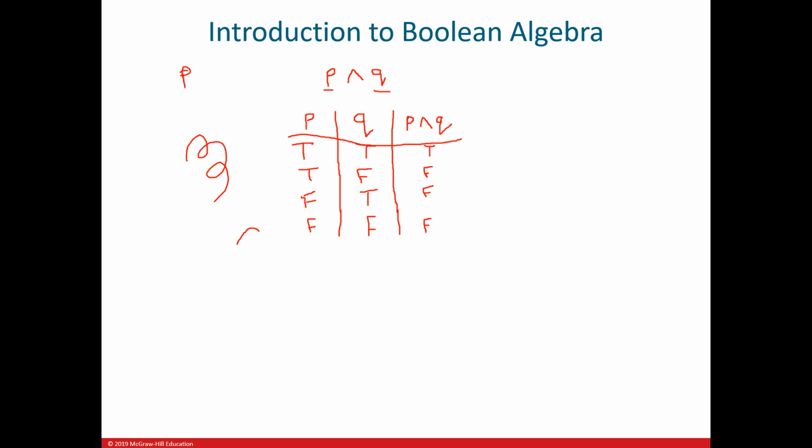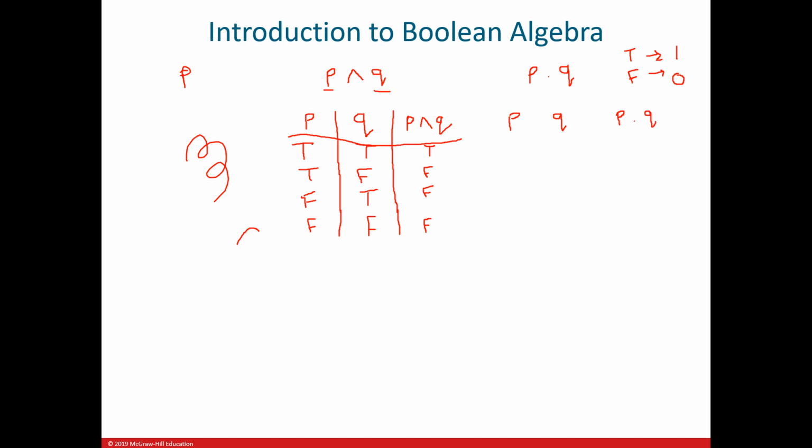Something similar happens in Boolean algebra, but now we show the AND function as a dot, when we say P and Q. Instead of true we use 1, and false is replaced by 0, which is the bit value. So when we build the truth table for P and Q, it will look similar, but wherever it is true it gets replaced with 1, and wherever it is false it gets replaced with 0.